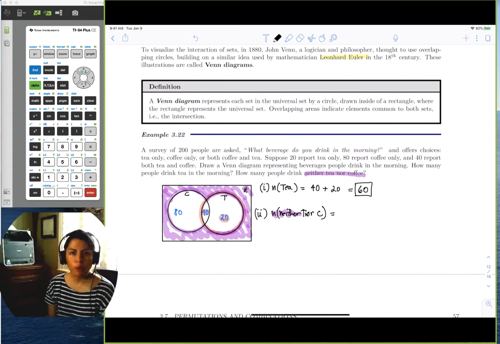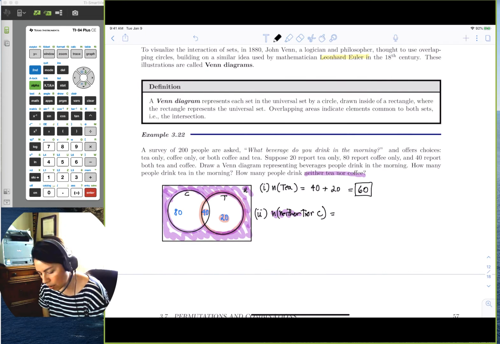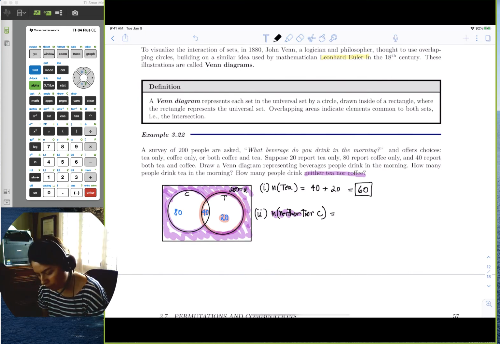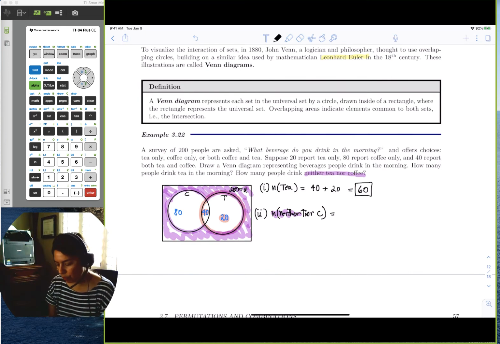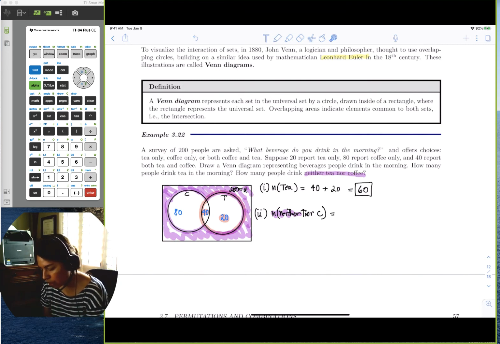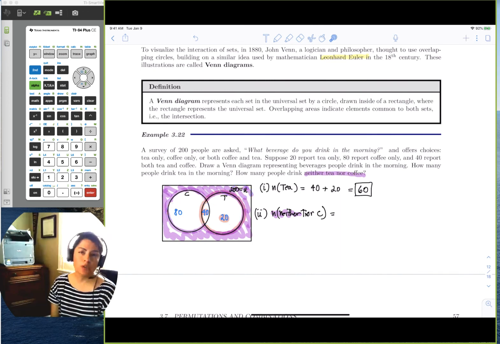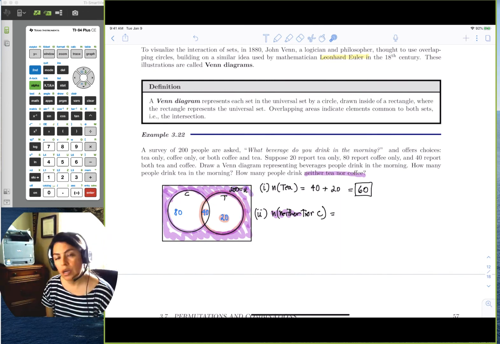Well, how many people were surveyed? Well, 200 people were surveyed. And of those 200 people, 80 said they drank coffee, 40 said they drank both, and 20 said they drank tea. So that means that 200 minus all those coffee and tea drinkers is the number of people that don't drink any of those.